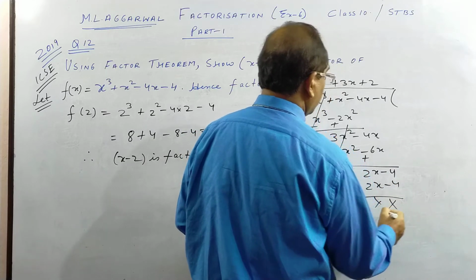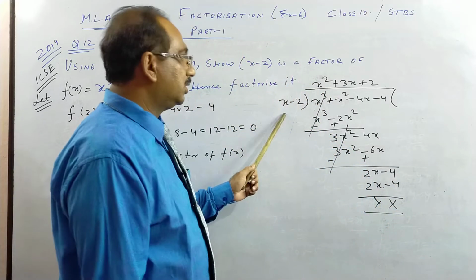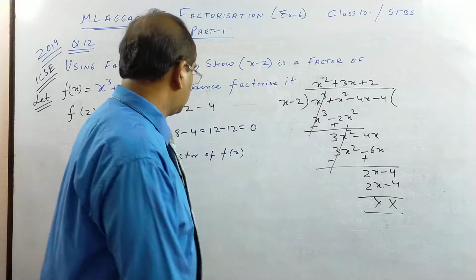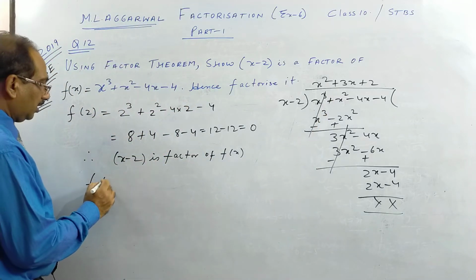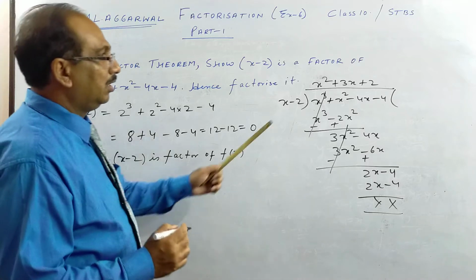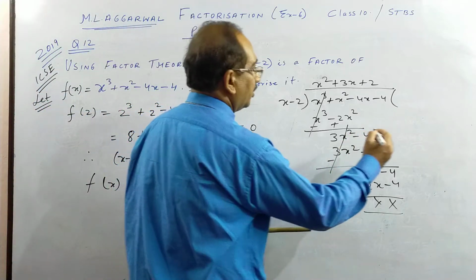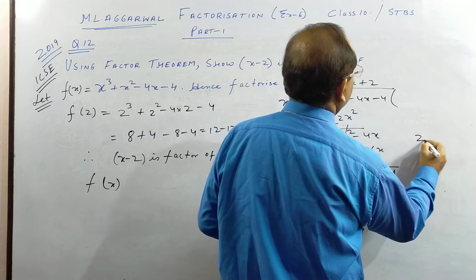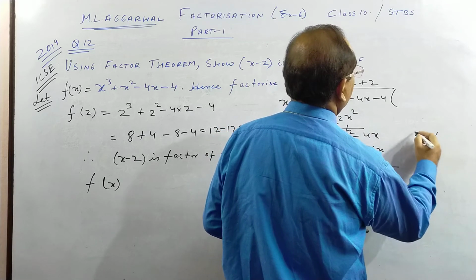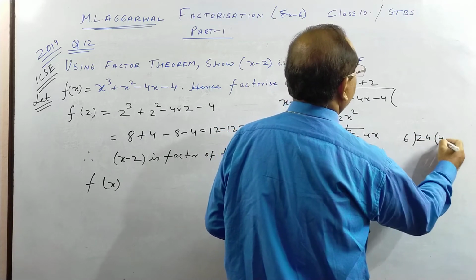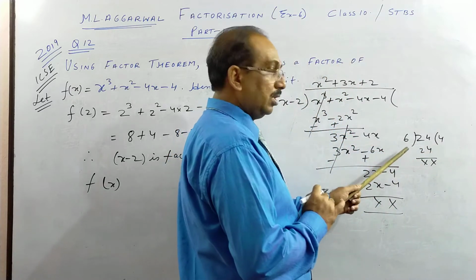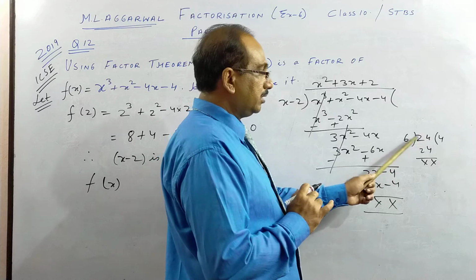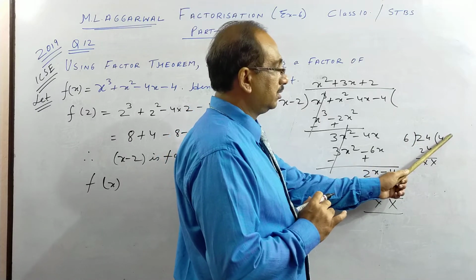Here you see we get remainder 0, because we know this is a factor, but we are interested in the quotient. One thing you know, children, with an example: if I divide 24 by 6, 4 sixes are 24, the remainder is 0, then dividend is equal to divisor into quotient.